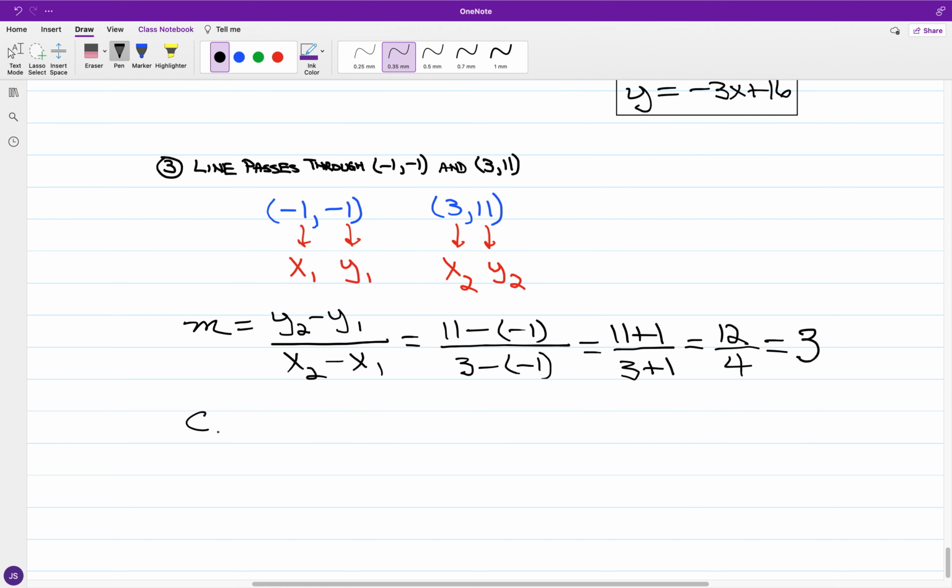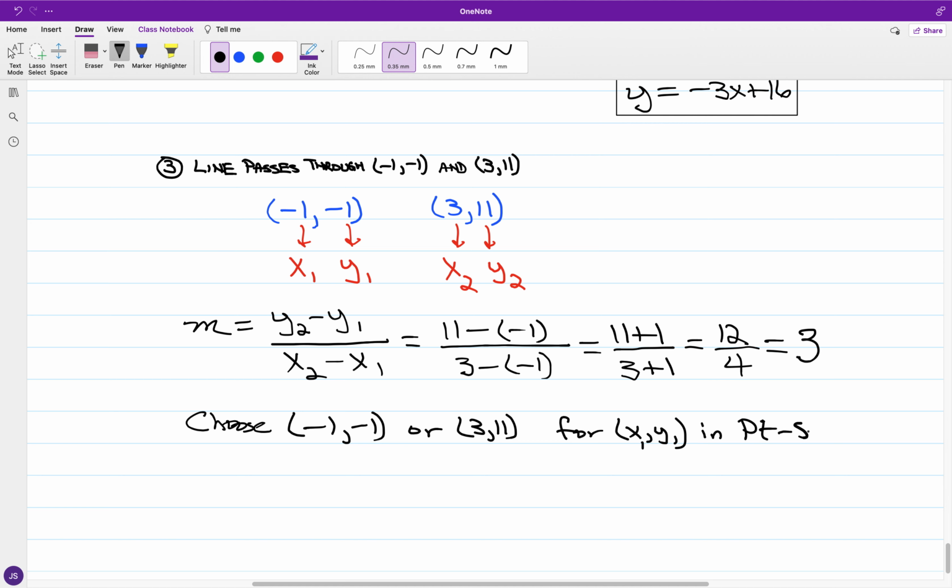And for the point slope equation setup, you can choose either -1, -1 or 3, 11 for x1, y1 in the point slope equation.